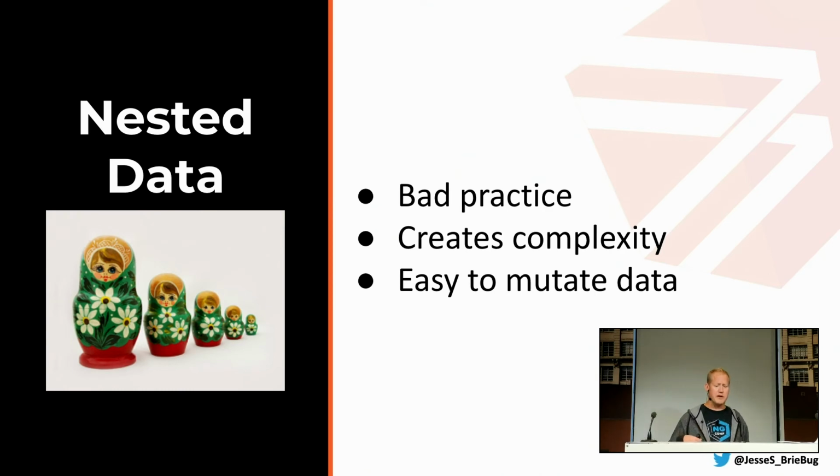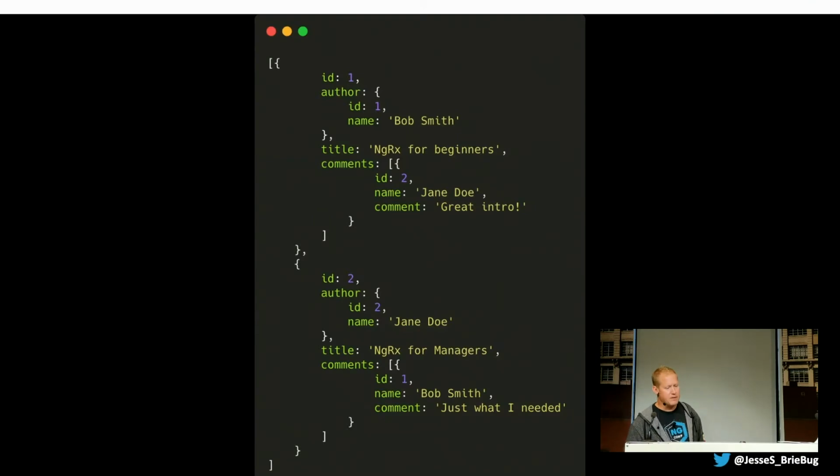We end up creating complexity, and having done some demos on this, I didn't even realize how easy it is to start mutating the data in my store. My reducers went from 1 or 2 lines of reducer code to make my changes in my store, to all of a sudden 200 lines. So they're very complex. You want to get away from any sort of nested data.